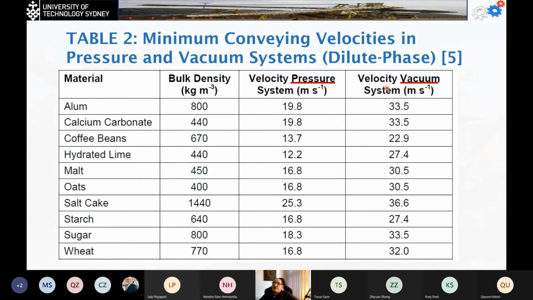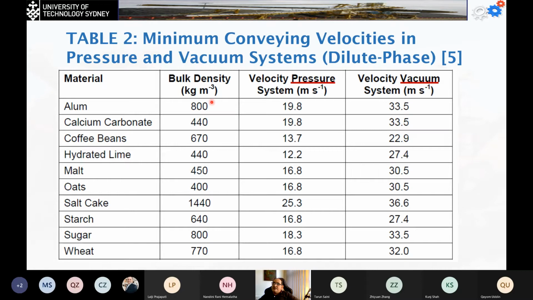And in the case we use the vacuum system that pulls the material, the velocity is going to be 33.5. Now, this was powder. If we go to a bean shape, like coffee beans, that's 670. The velocity is reduced to 13.7 in the case of the pressurized system, and for the vacuum system, it's reduced to 22.9.